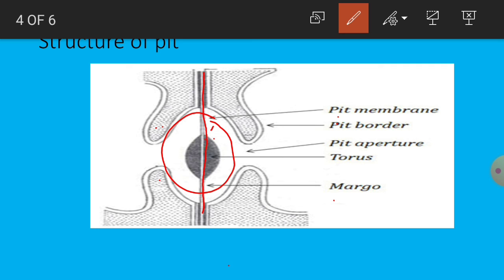At the center of the pit, you can see a long, thin membrane that is called the pit membrane. At the center of this pit membrane, you can see the black region that is called the torus. The adjacent parts of the torus in the membrane are called margo. So pits are the connections between the adjacent cells.